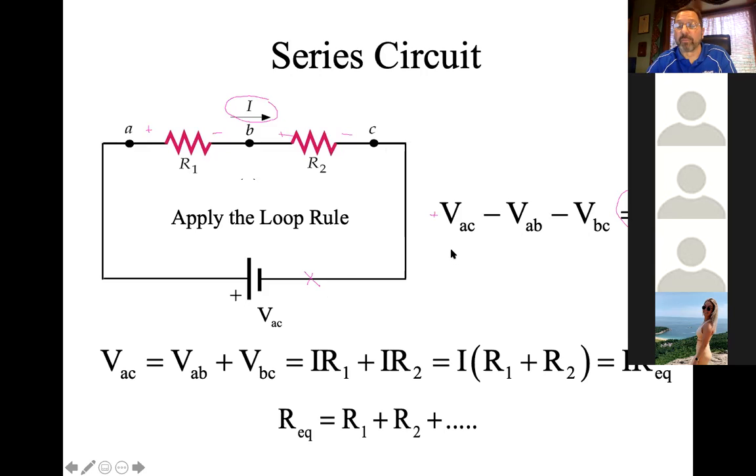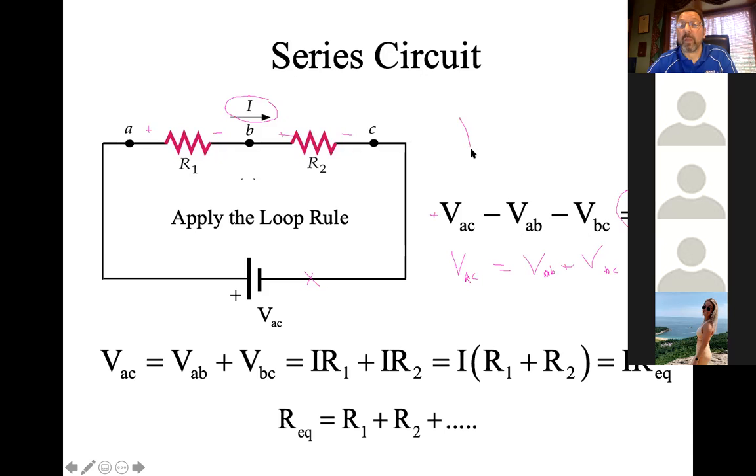Now, the first obvious math step to do is the voltage AC. And by the way, I'm writing with my mouse here, so penmanship is bad. It must be the voltage across resistor 1, which I called AB, plus the voltage across resistor 2, which I called BC because of the way I labeled these points up here. Okay. Now, remember, what is the voltage across resistors 1 or 2?